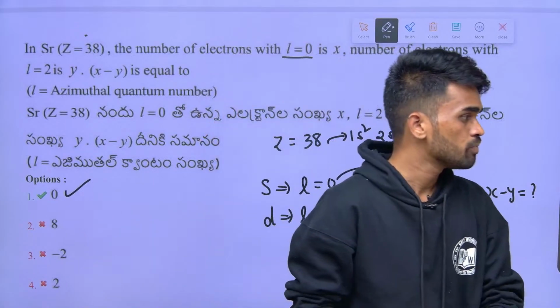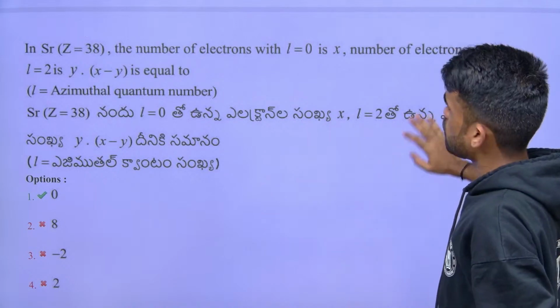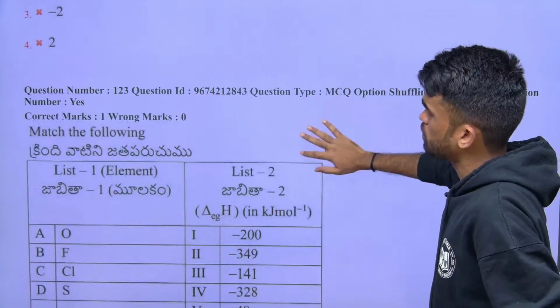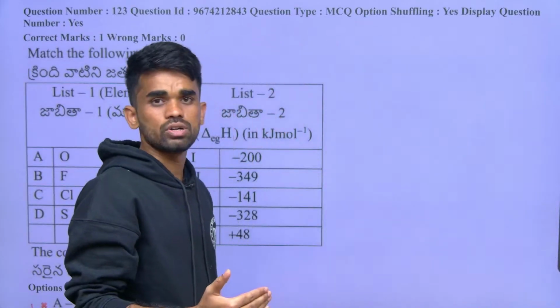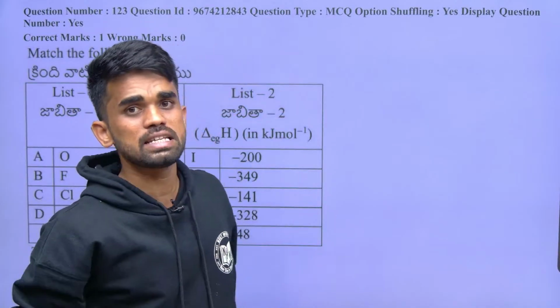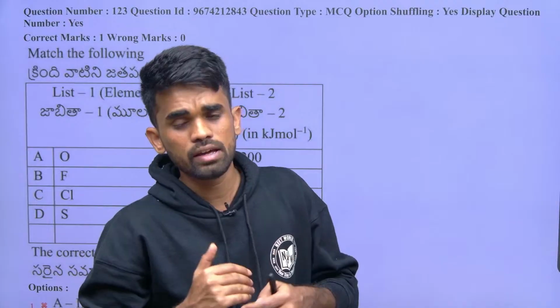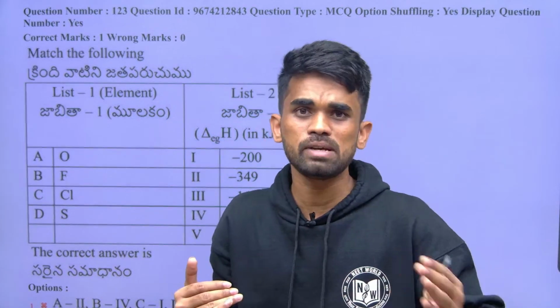Hope it is clear how we are solving this kind of question. Very basic question, right? See, the level of the paper, whatever the shift may be, whether it is for BPC students or for MPC students, EAPCET questions are almost of similar standards. So I suggest you solve both the BPC EAPCET paper and the MPC EAPCET paper.